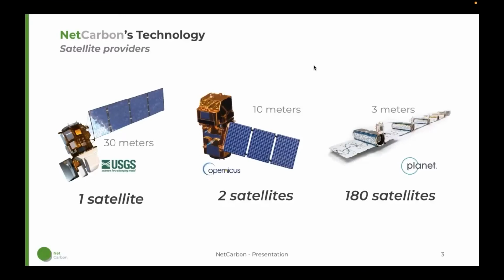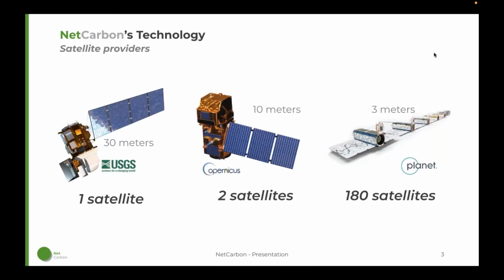So at NetCarbon, we use mainly 3 types of satellites. Today it could be an extremely nice idea to use a lot of different types of data. Maybe F42 will be a game changer for us to implement those new types of data.